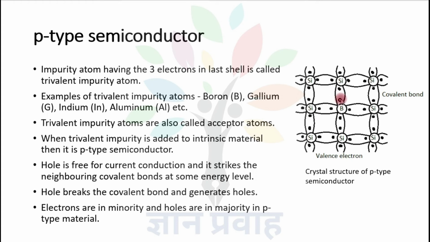This hole is free to move in this crystal structure. So in P-type semiconductor material, holes are in majority and electrons are in minority, and the current is due to the flow of holes, or the hole current.